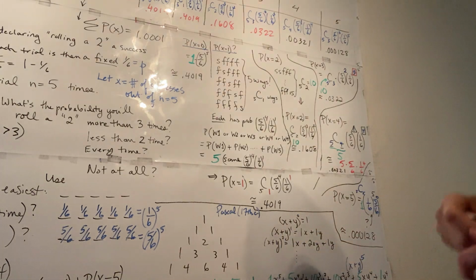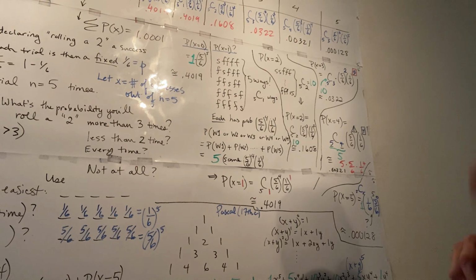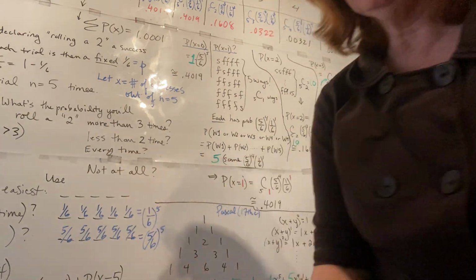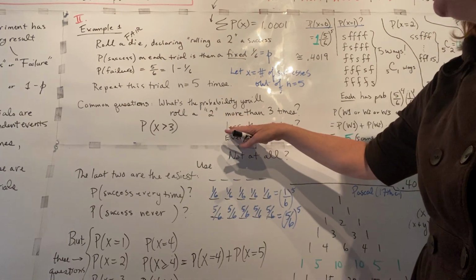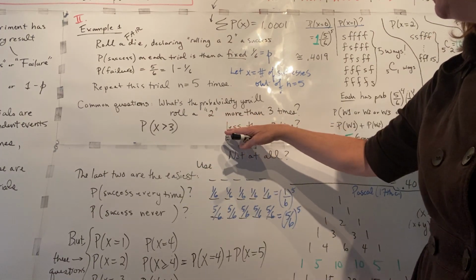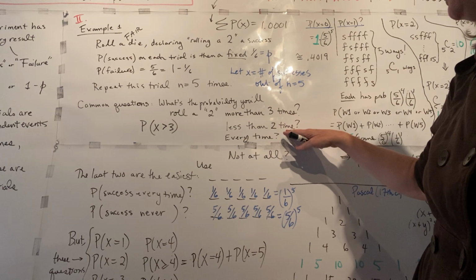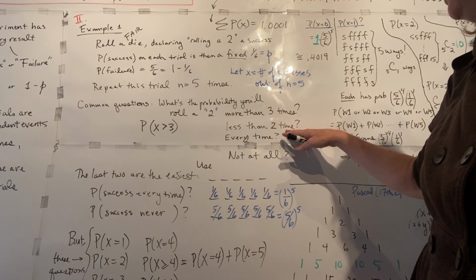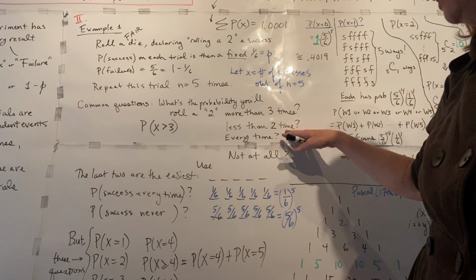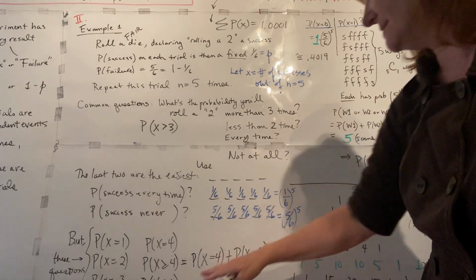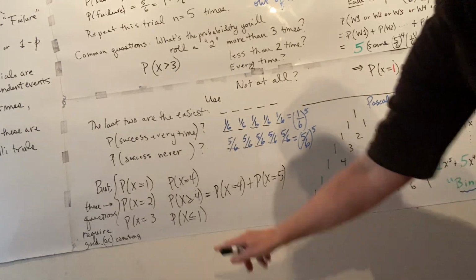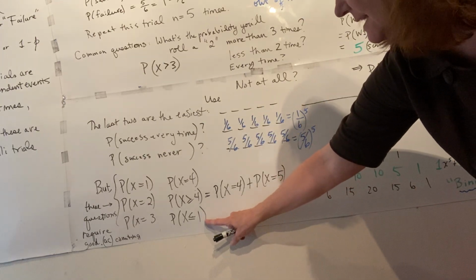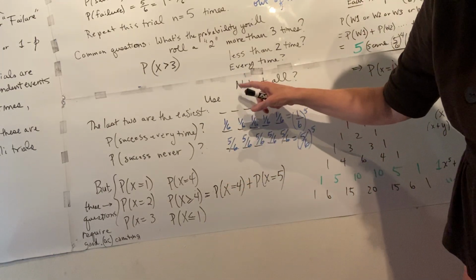However, what if they had asked, well, let's go back to one of our other original questions. What if they ask, what's the probability that you will roll it to fewer than 2 times? Fewer than 2 times. Well, that's the same thing as this. The probability that x is less than or equal to 1, right?